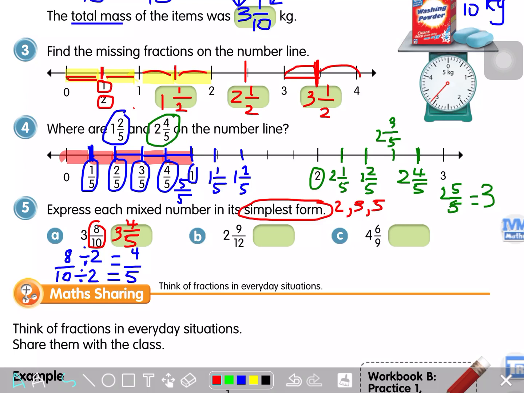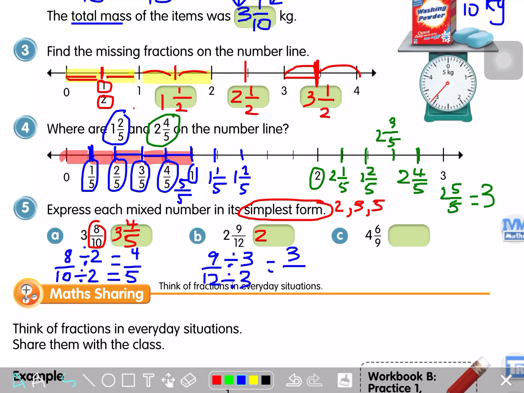Okay, now let's take a look at question B. We keep the whole number 2, and now we're going to divide our fraction. Okay, so we have 9/12. Can we divide by 2? 9 cannot be divided by 2, so we try the next one, 3. Okay, 9 can be divided by 3, that gives us 3. But 12, can 12 be divided by 3?